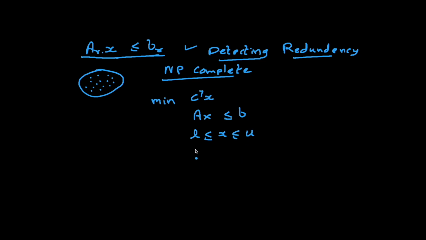Why is detecting redundancy NP complete? Because I can simply add a constraint, 0 less than or equal to -1, and this constraint is basically making this MIP infeasible. So this constraint is only redundant if the existing MIP, like this part, is already infeasible, right?